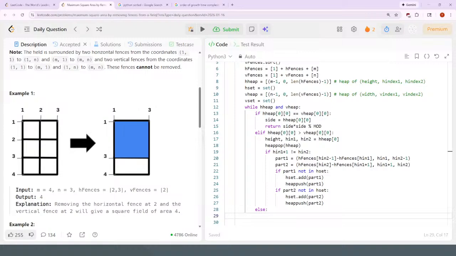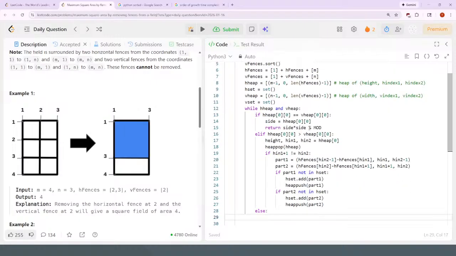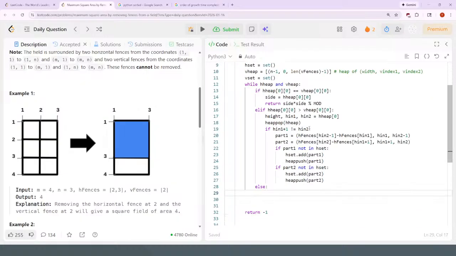I wonder if I could do this using a helper function. Why can't I do this with a helper function? Okay, sure. Let's do a helper. Yeah, I can do this with a helper function.